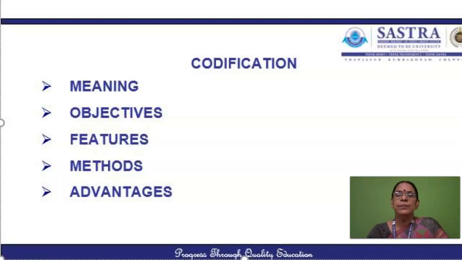Let us now see the merits of this codification system that contribute to organizational success. Based on a rationalized codification, many organizations are able to reduce the variety of items.